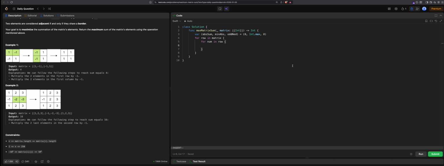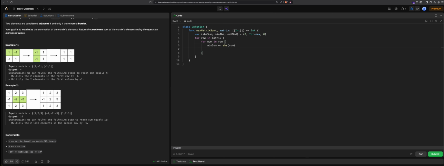The first thing we want to do is check the absolute sum of all these numbers. By removing whether it is positive or negative, we want to get the absolute value, which is the native abs in Swift. We can just use the absolute function, so that if there's a negative, it converts it to a positive integer.